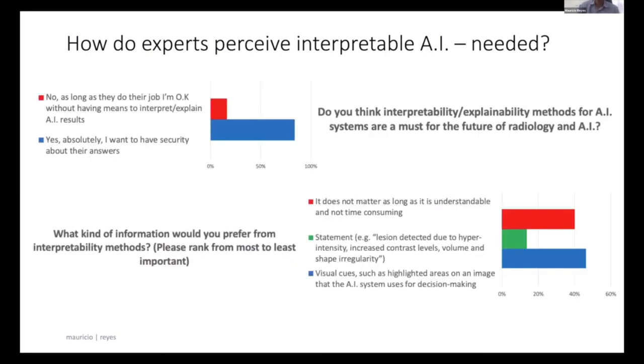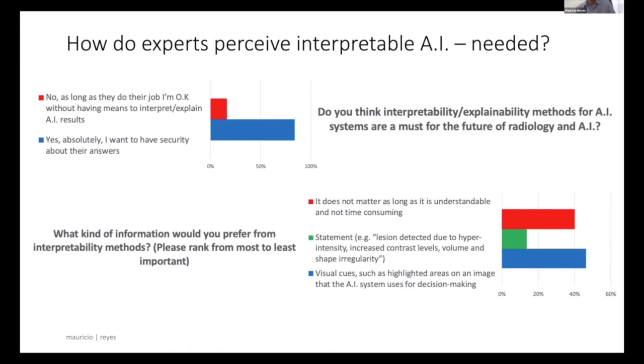And when we asked them for which purpose, they say they would like to first use them in order to have security. So this is the whole trust. They want to make sure the system is trustworthy, and they want to have means to audit the system.